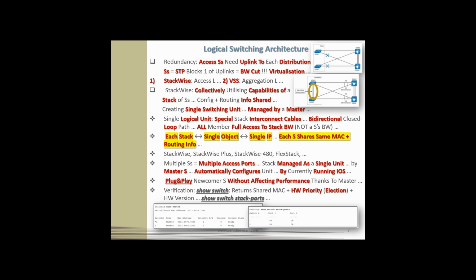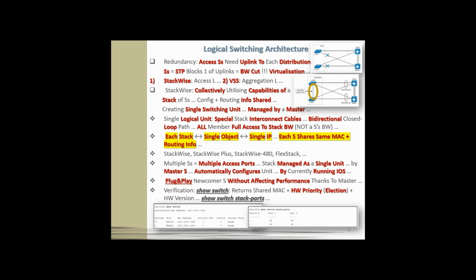But for now, remember, the master switch is elected from one of the stack member switches. And also, this Stackwise technology allows any member to become the master in case the previous master ever fails. Switches are united into a single logical unit in Stackwise.